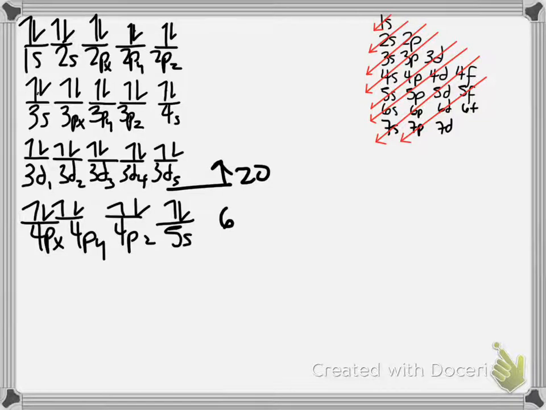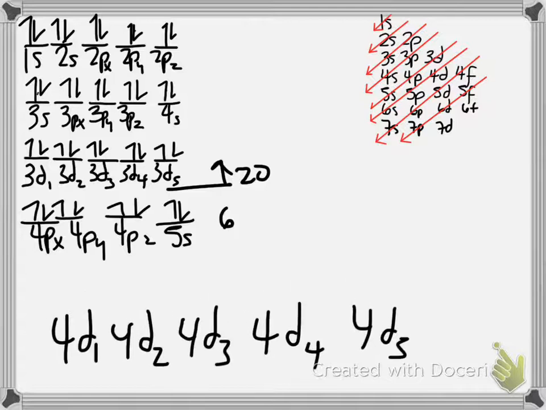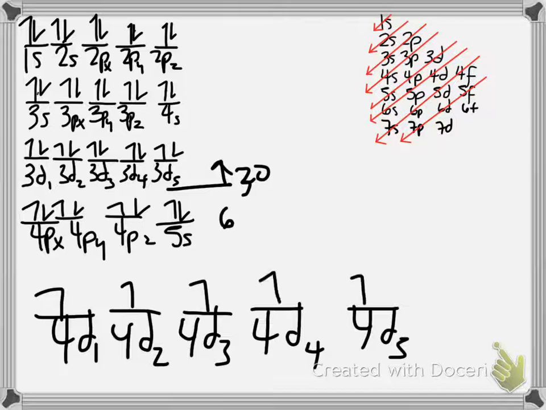4D. So 41, 42, 43, 45, can't count, 44, 45. Oh, you're right, it is. Thanks. 30 and then 6, so we're up to 36, and then 1, 2, 3, 4, 5, 6, 7, 8, 9, 10.